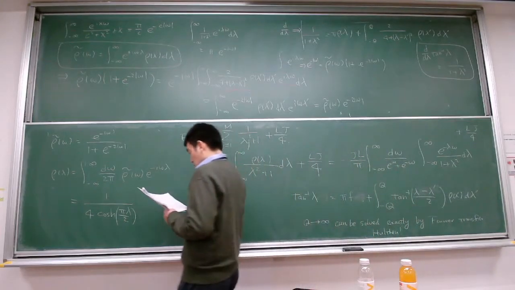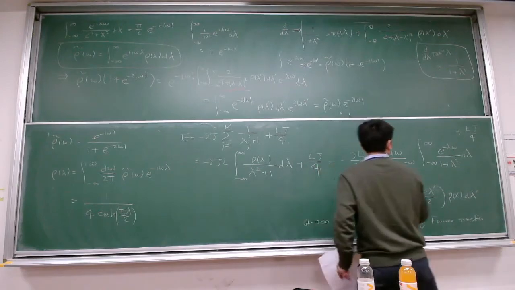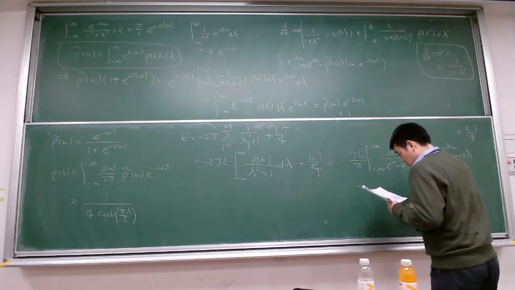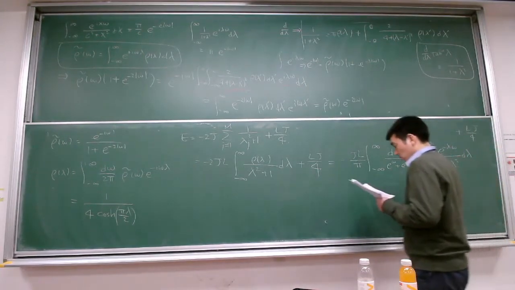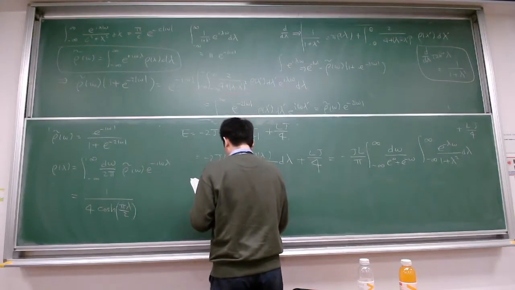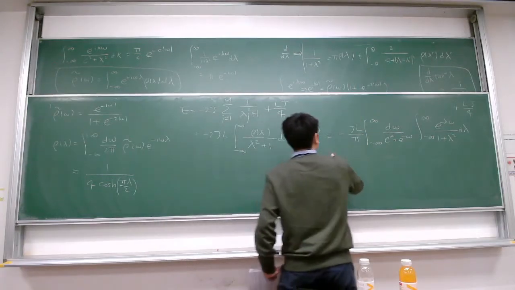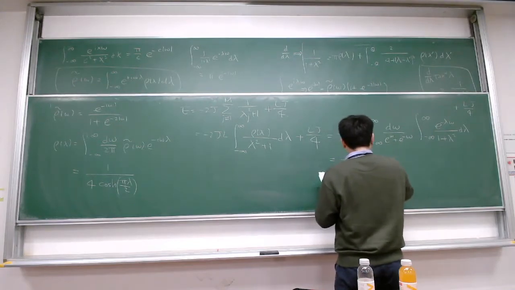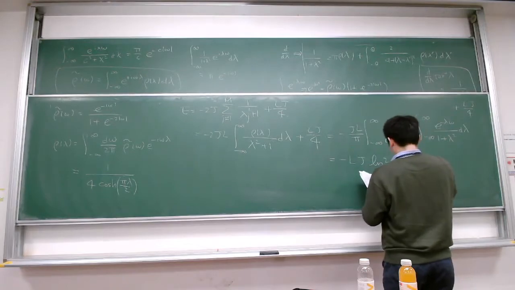And now we can do this integral exactly. You can ask Mathematica to do that. Essentially what you get is minus LJ times log of 2, plus LJ over 4.